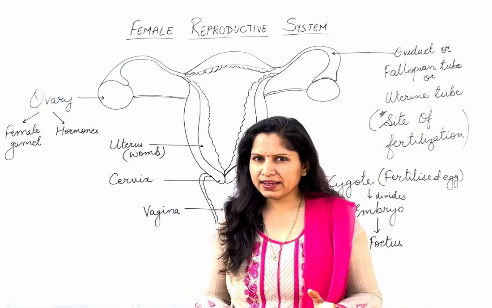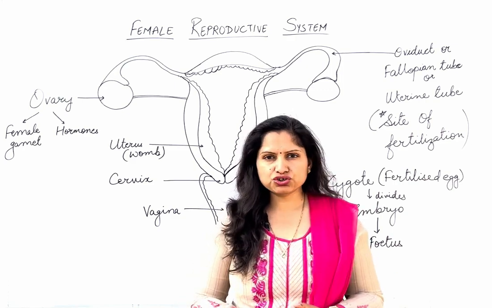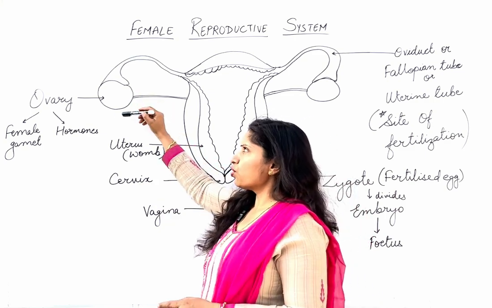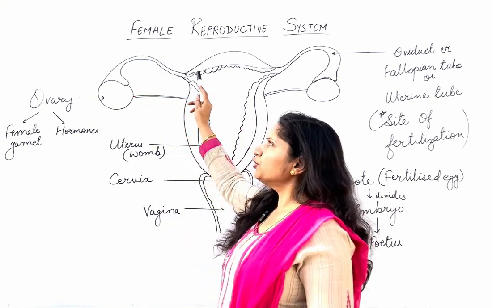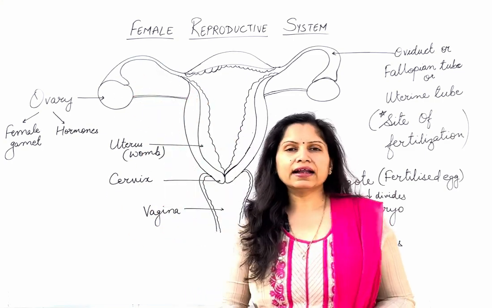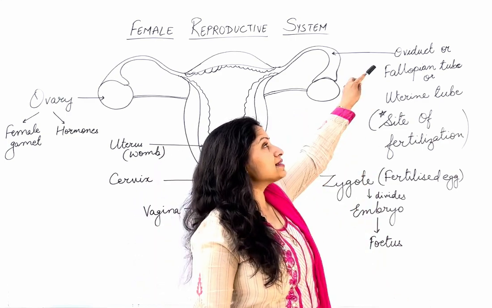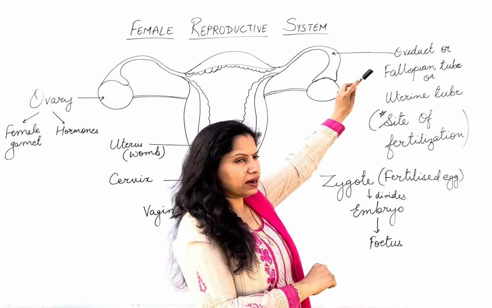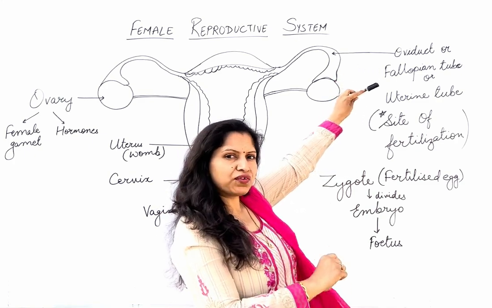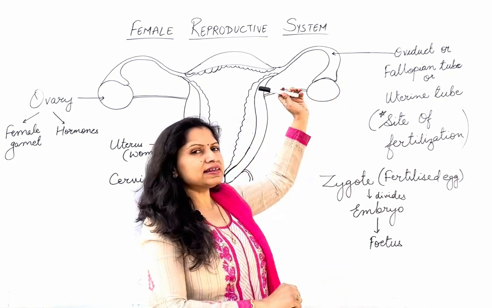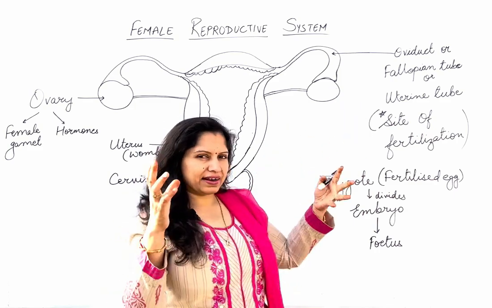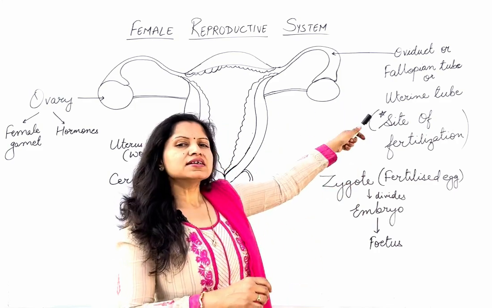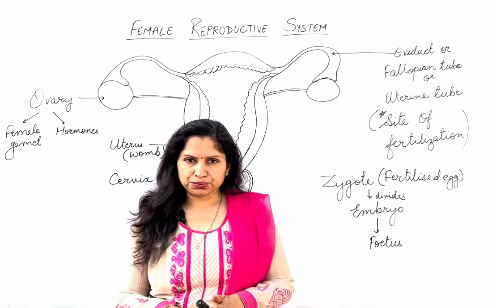Approximately just one egg every month gets mature, and it comes from the ovary into a tube-like structure. This tube-like structure is known as the oviduct because it is carrying the ovum, or it is also known as the fallopian tube, leading to the uterus, a bag-like structure, so it's also known as the uterine tube.